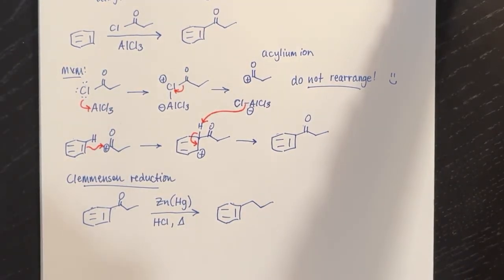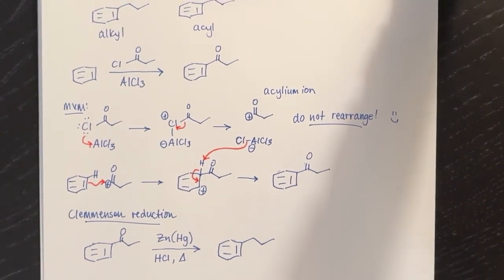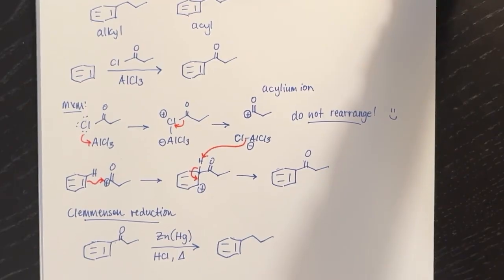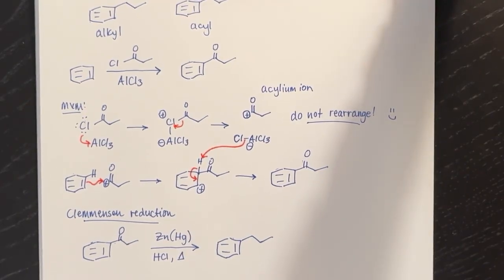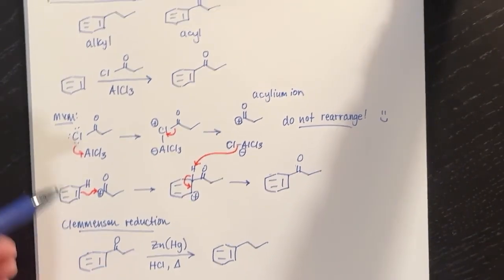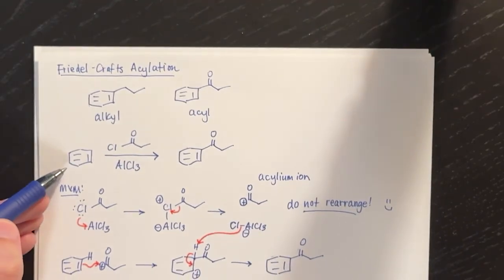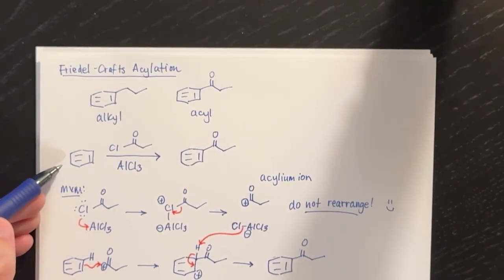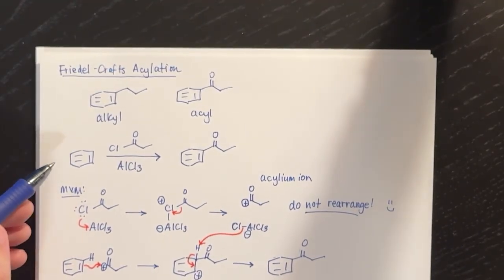Okay, so that concludes the list of important EAS reactions. What we need to do now is talk about what happens when we try to do these reactions, but the benzene ring that we're doing the reaction on already has something there.